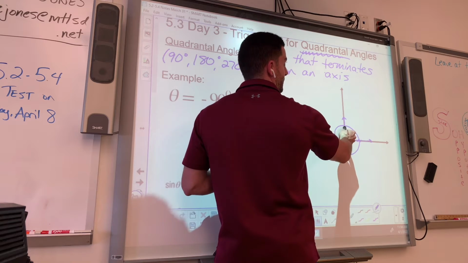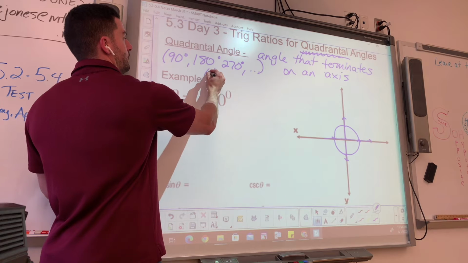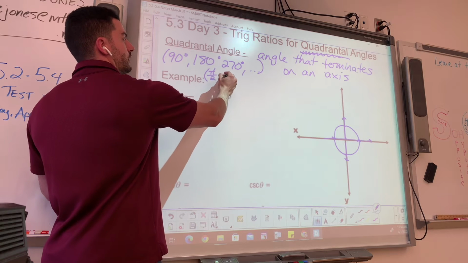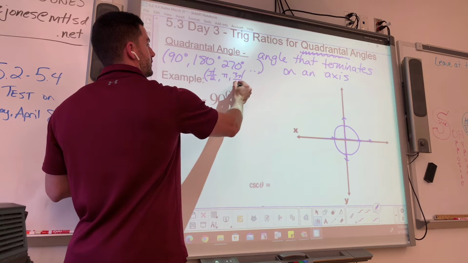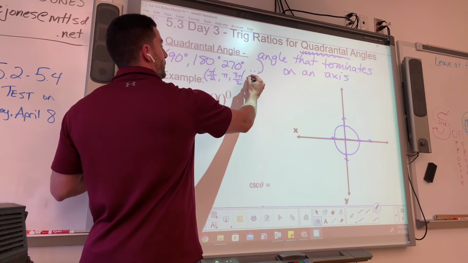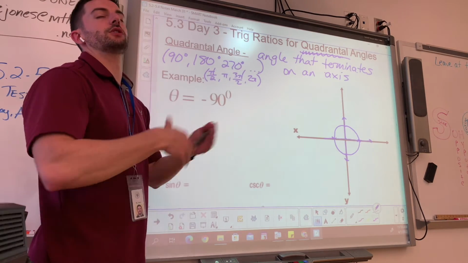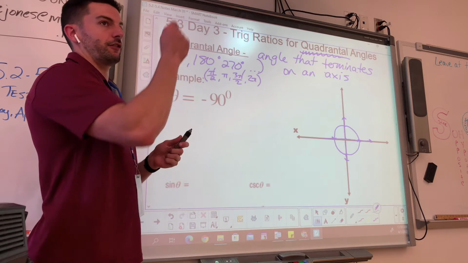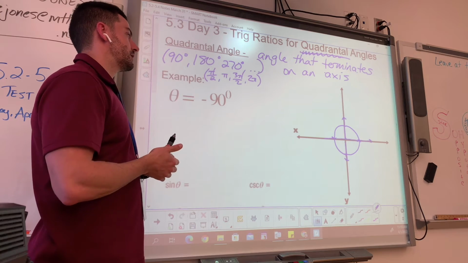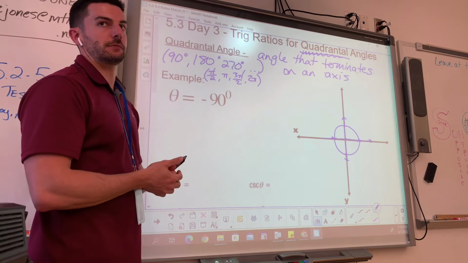Breaking that into quarter turns, you get pi over 2 radians, pi radians, 3 pi over 2, 2 pi or 4 pi over 2, etc. Those angles in radians are equivalent to those in degrees. If it's a multiple of pi over 2, that would be the same thing.